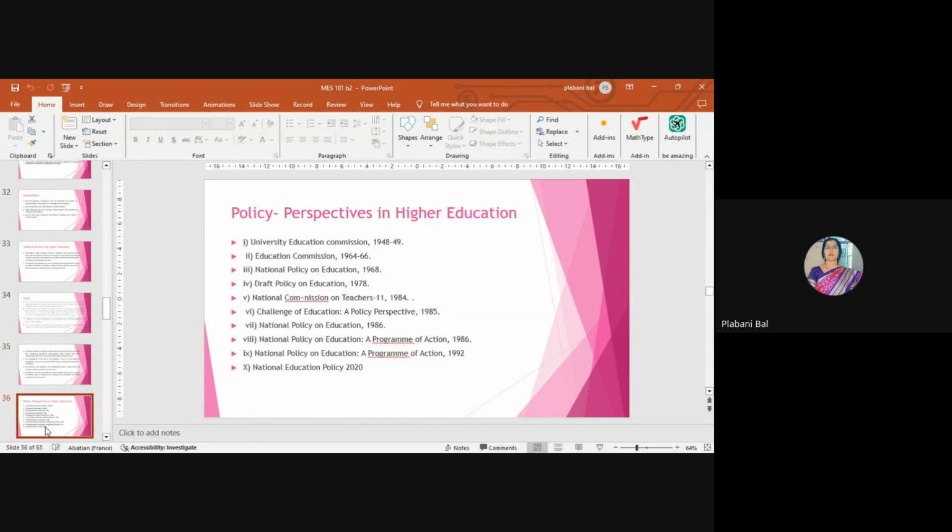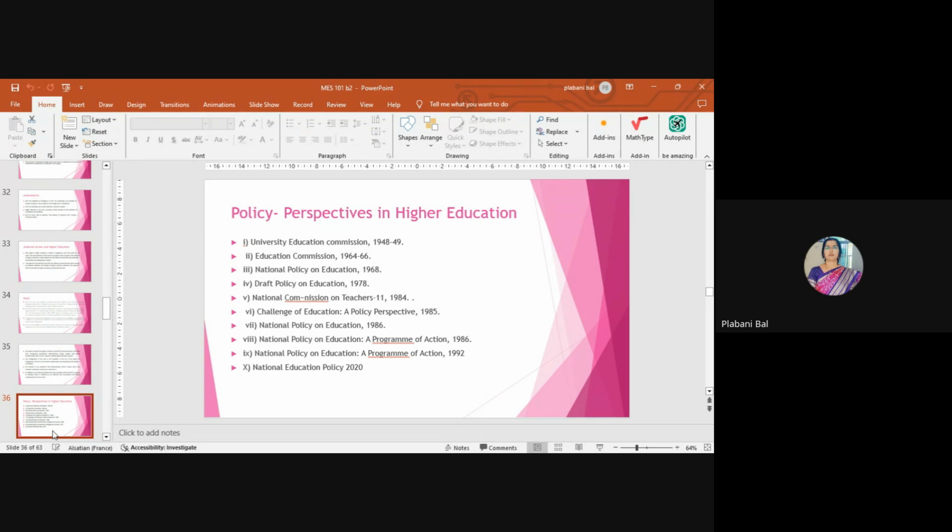Then next we will proceed to another body we discussed yesterday, that is, the State Council of Higher Education. The policy recommended establishing a State Council of Higher Education in each state, but not all states established the SCHE.